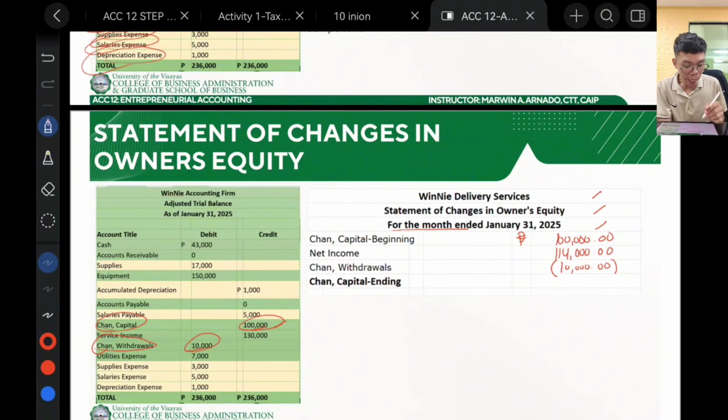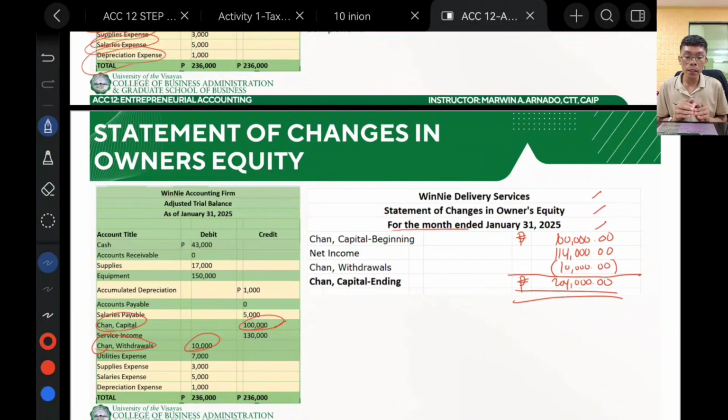Okay? And after which, you just add everything and get the capital ending. So we have 100,000 plus 114 minus 10,000. That would give us 204,000. Okay? And that's it. That's your Chan Capital ending.